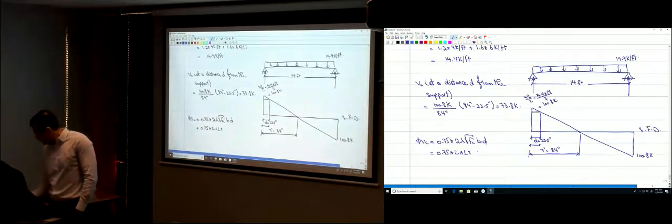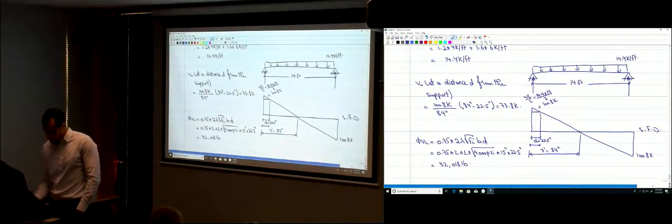How much was f'c in our problem? 4,000 psi, multiplied by b, 15 inches, times d, which is 22.5 inches. So phi VC is going to be, in pounds, 32,018 pounds.